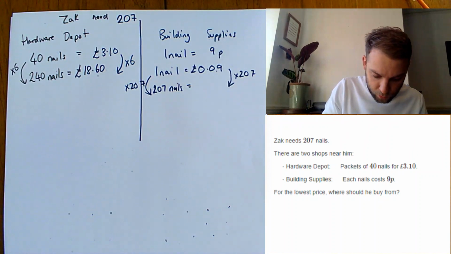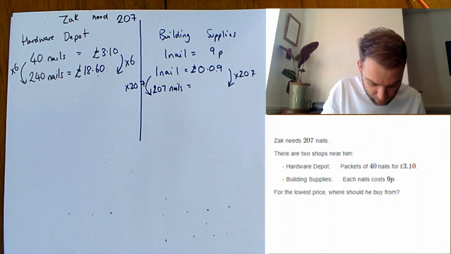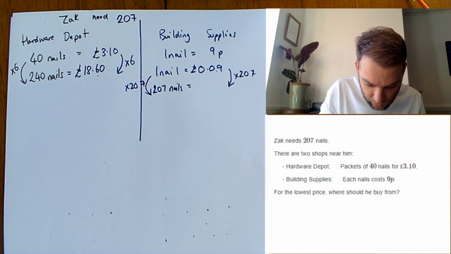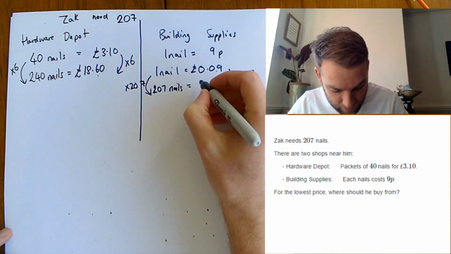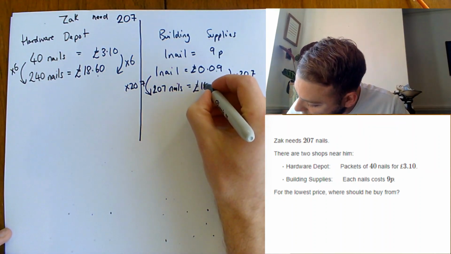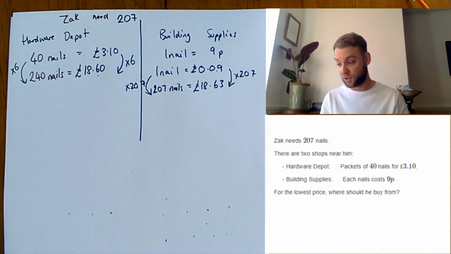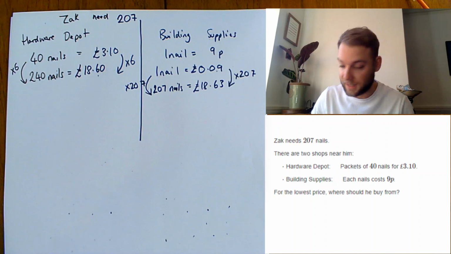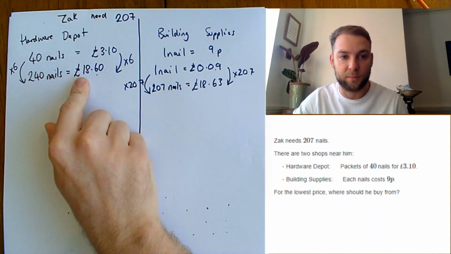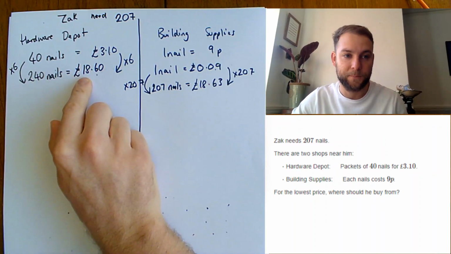And then 0.09 times by 207 is equal to £18.63. So, looking at this, even though you've bought more nails from this, it's still cheaper.